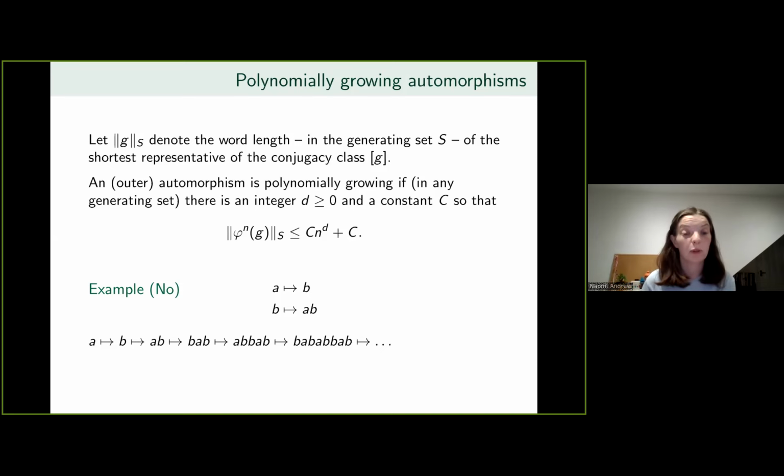And I have smuggled the Fibonacci sequence into my talk because this is the easiest way I know to convince people that a sequence is exponentially growing. Hey, look, it looks like the Fibonacci sequence. This has exponential growth. This isn't bounded above by any polynomial in any degree. So we don't want to consider things that look like this. We want to consider things more like the first one.